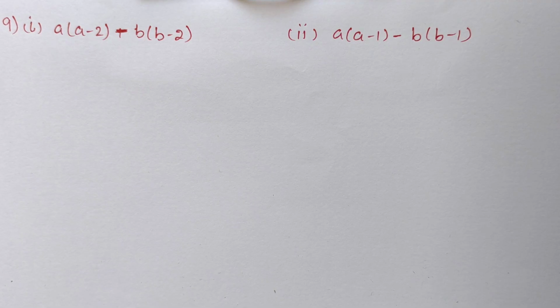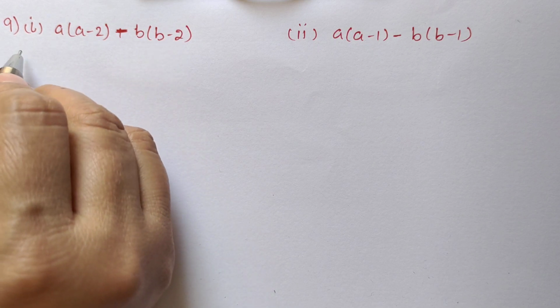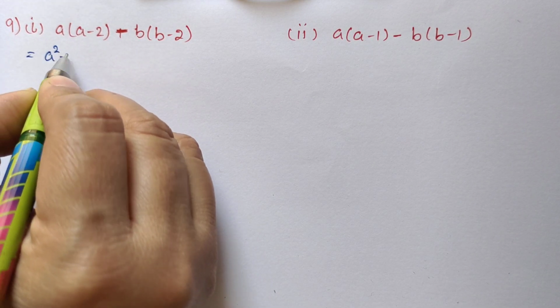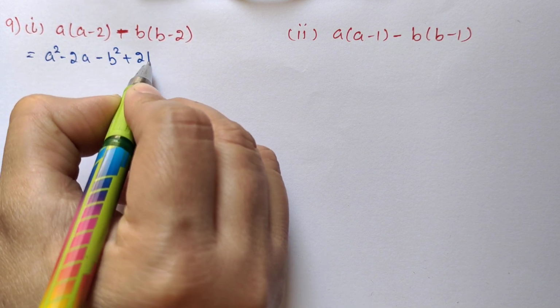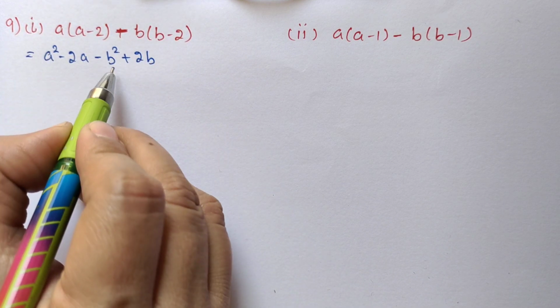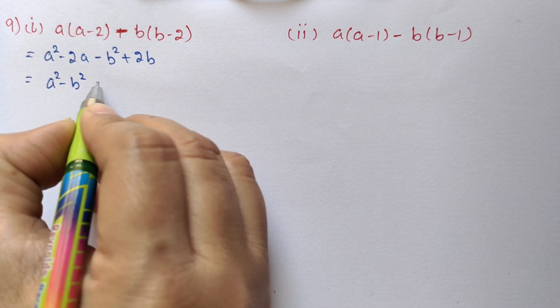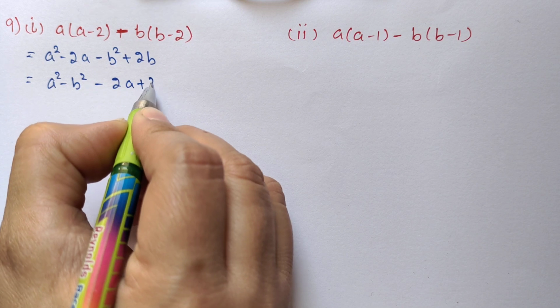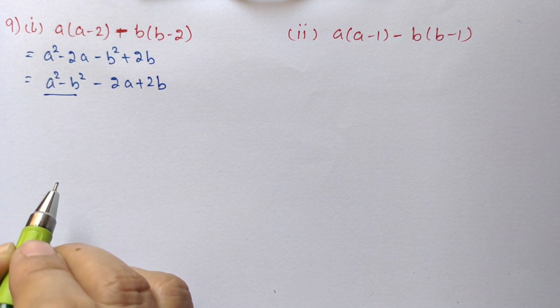Next 9th question, first part: (a − 2)a − (b − 2)b. So first we will multiply this a and this b inside the bracket. It will become a² − 2a − b² + 2b. Then we will group together a² − b² and −2a + 2b. In the first two, we can use the identity.